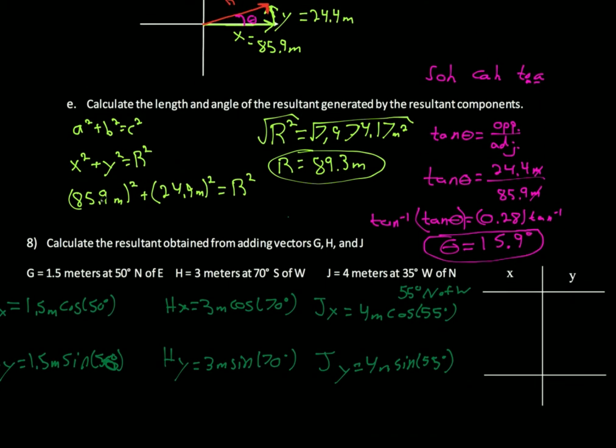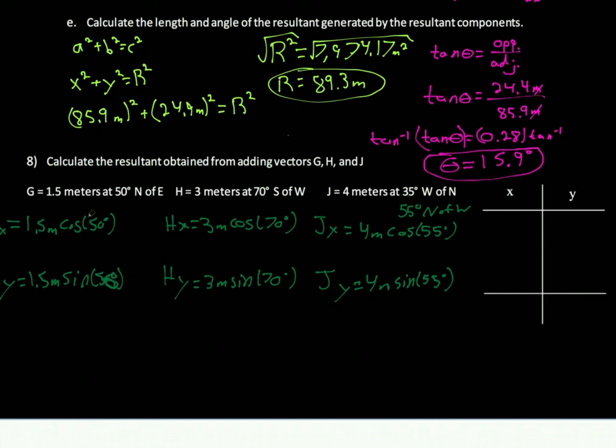Okay, so let's plug those into our calculator. 1.5 cosine 50, I get 0.96 meters. 1.5 sine 50, I'll round it to 1.1 because we're going to keep one decimal spot.